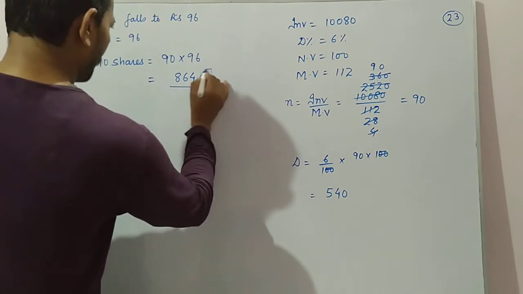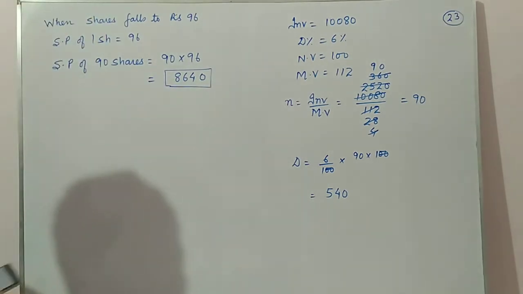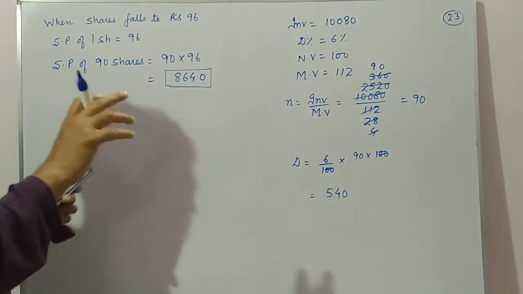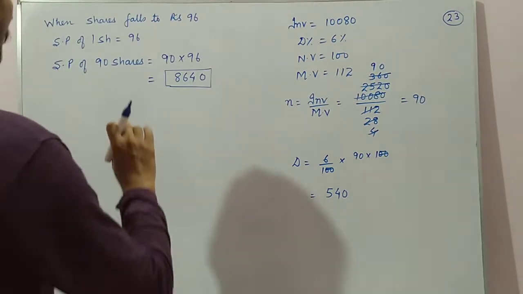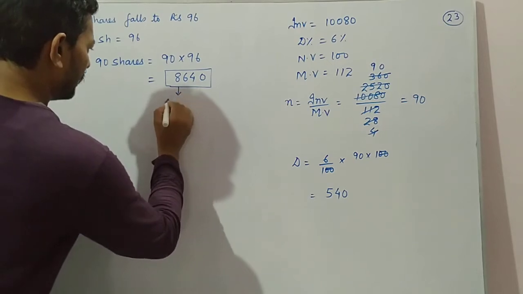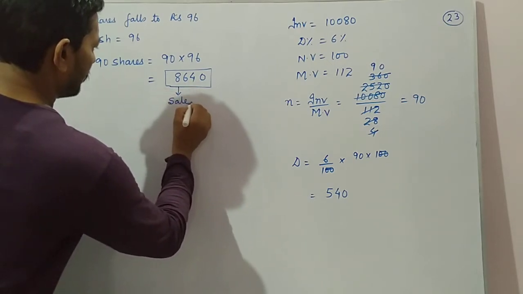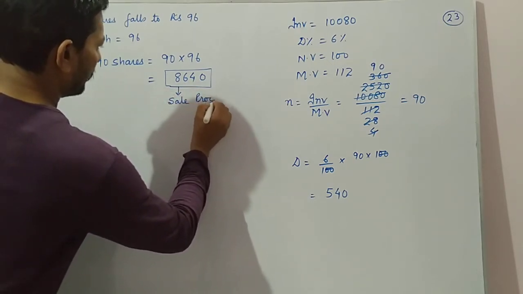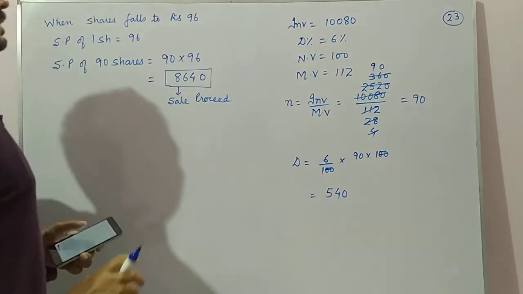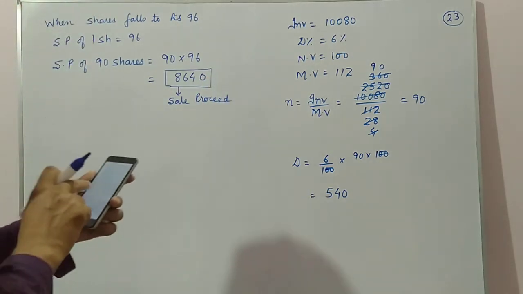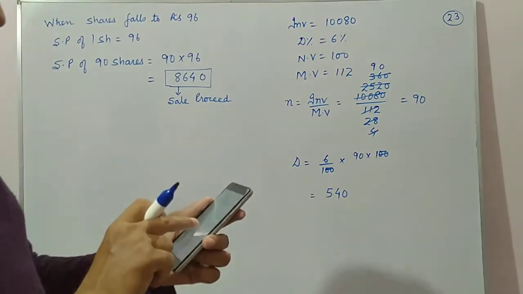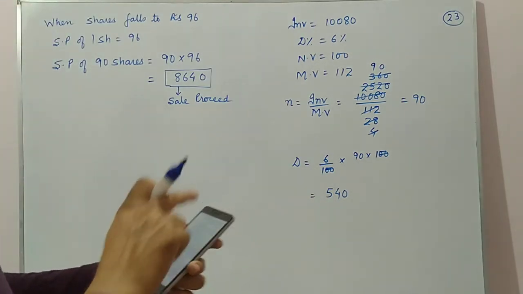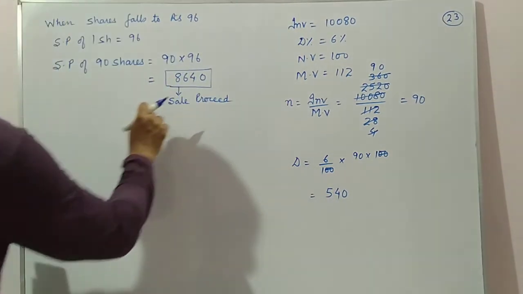So this amount, whatever amount he is getting after selling the shares, is termed the sale proceed. Remember this one. Now, after selling the shares, the proceed is invested.